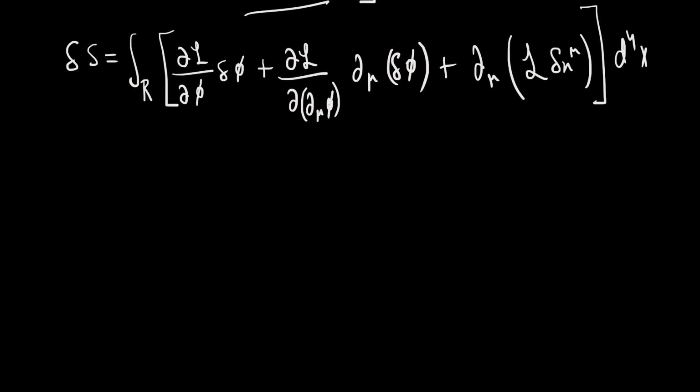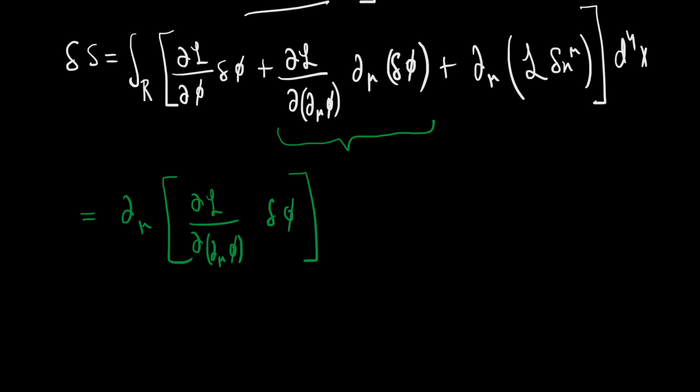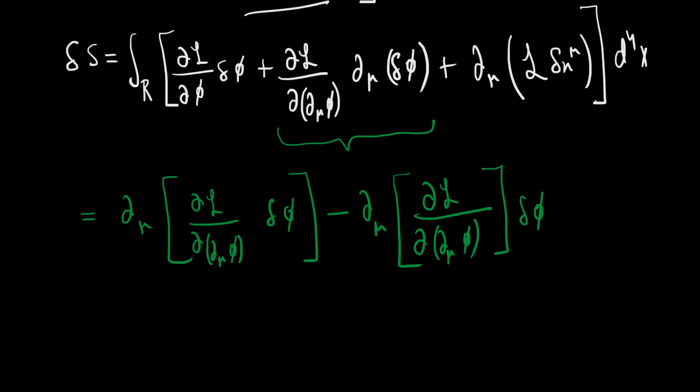So we can rewrite this term as del mu of del L by del mu phi delta phi minus del mu of del L by del mu phi delta phi. Now you can compute the derivatives here and you will get this second term back.